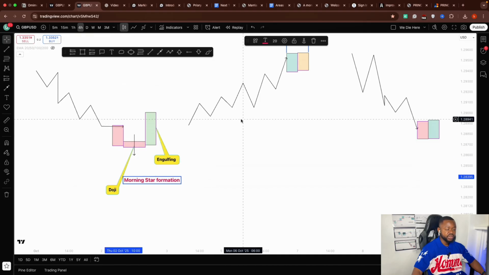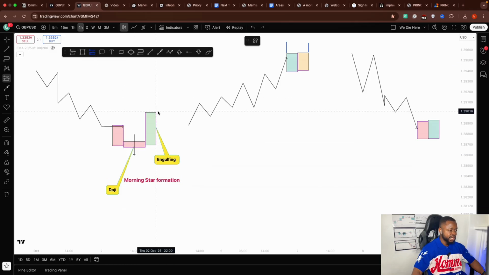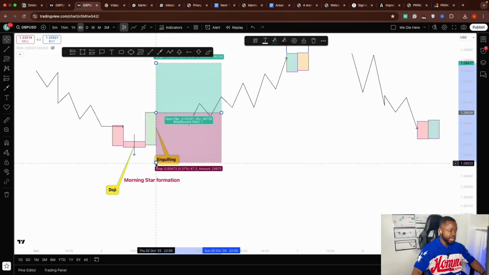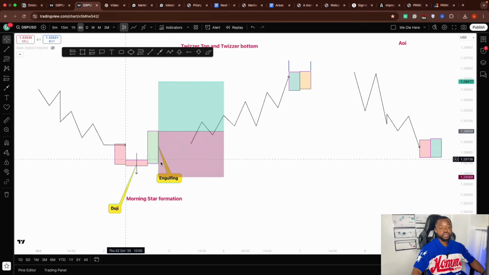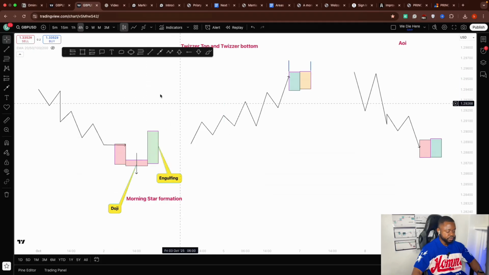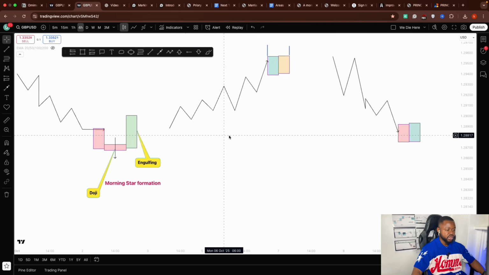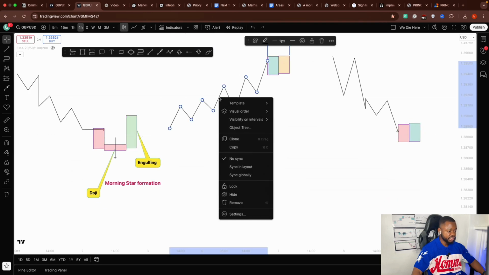So when you see all these 3 things together in an area of interest, your cue is to buy. If I see this kind of thing in, let's say, a weekly support area or a daily support area, I'll just buy, set my stop loss below the engulfing candle, and expect price to push up. So now this is a cue. The market is trying to tell you something, so you pay attention to what the market is trying to tell you.